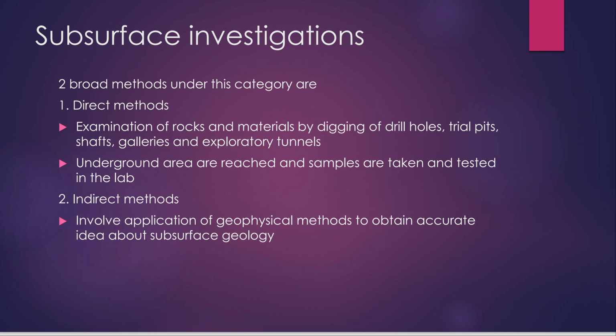In indirect method, geophysical methods are applied to obtain an accurate idea about subsurface geology. Here in indirect method we have various methods for subsurface investigation, whereas in direct method, we directly reach the rocks or materials, we collect the samples and test in the lab.